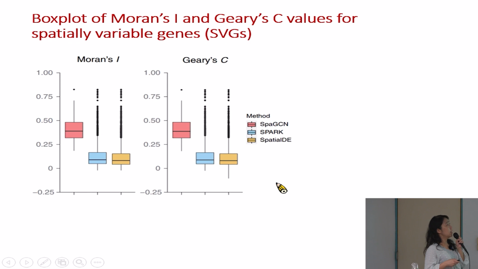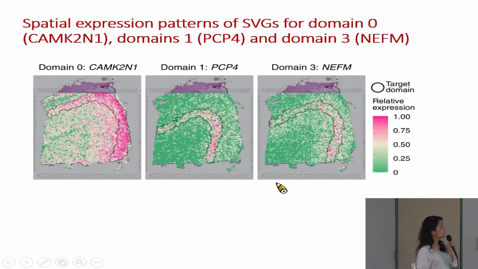Then they also analyzed the Moran's I and Geary's C value for the spatial variable genes, and they find that compared to SPARK and SpatialDE, SpaGCN shows a higher level. Moreover, they want to observe the spatial gene expression pattern through the different genes.